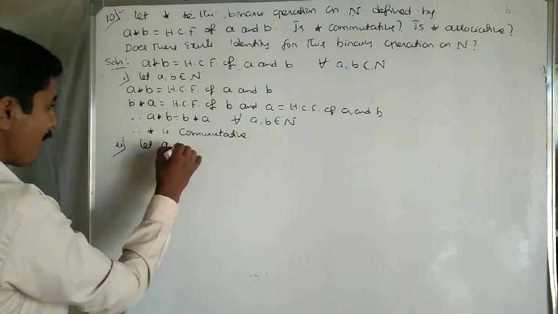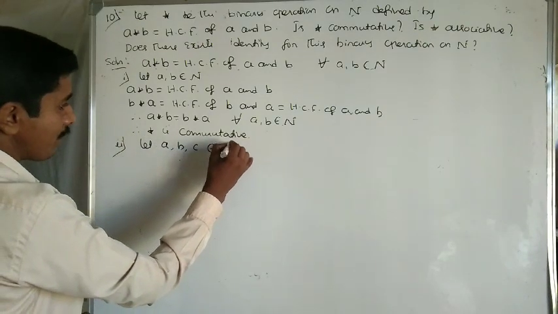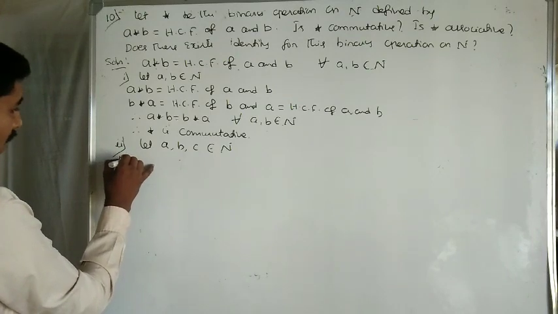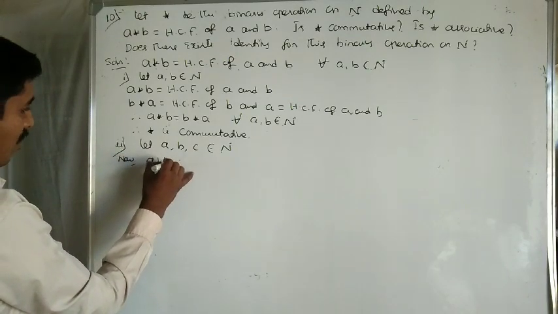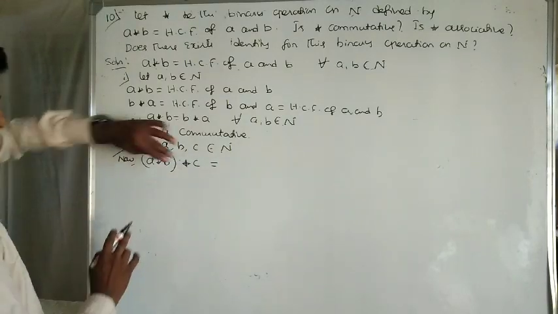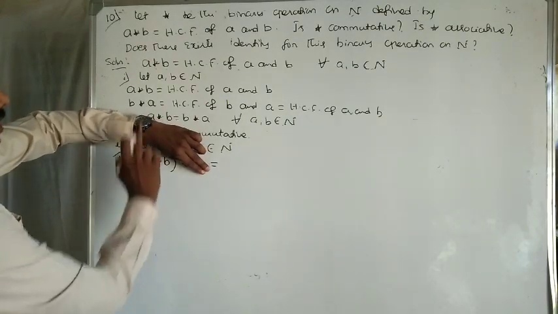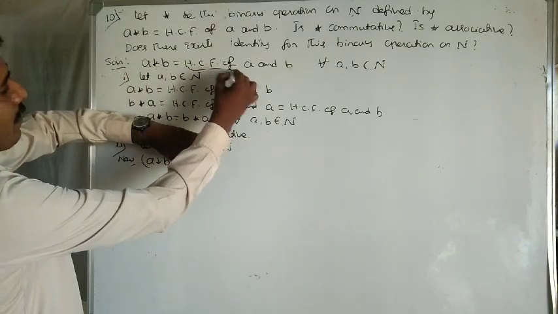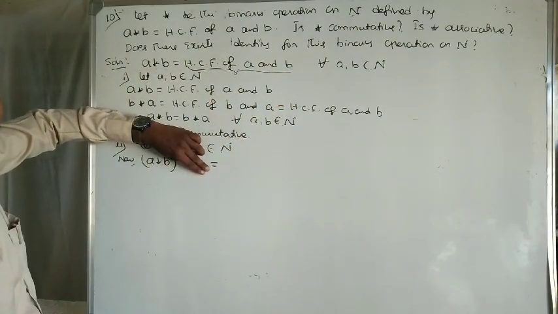Next, the second one: is star associative? Taking three elements, let a, b, c belong to N. LHS: (a star b) star c. First, within the bracket, the binary operation defined gives a star b equal to the highest common factor of a and b.